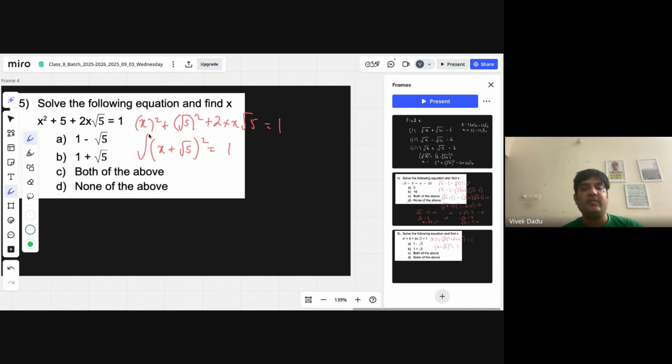Myra is saying, sir, what you did is square root on both the sides. Square root of x plus root 5 whole square should be x plus root 5. And square root of 1 should be positive 1 only, because I only told that root only gives a positive value. How am I saying that it's minus 1? So that's the doubt in her mind, and it's a valid doubt. Problem, Myra, is here. What did you do? Which operation did you do?